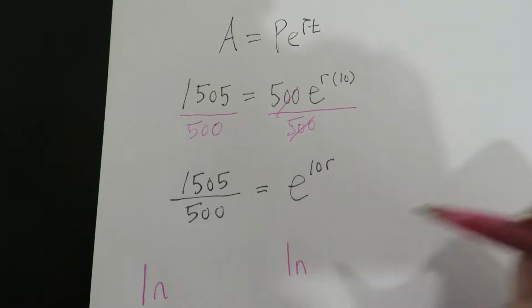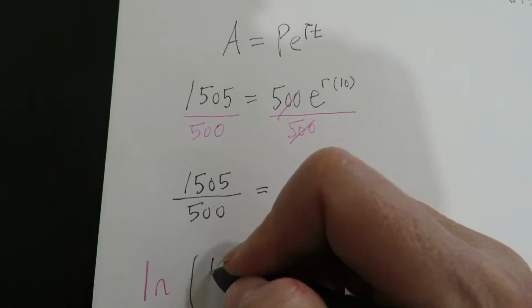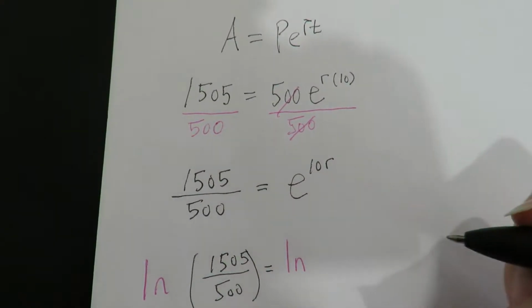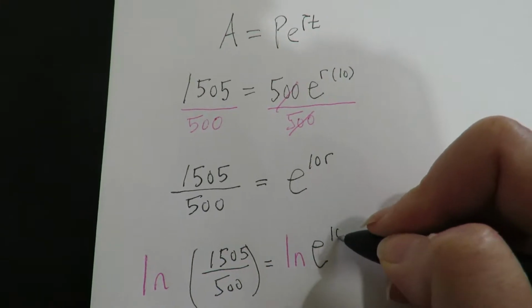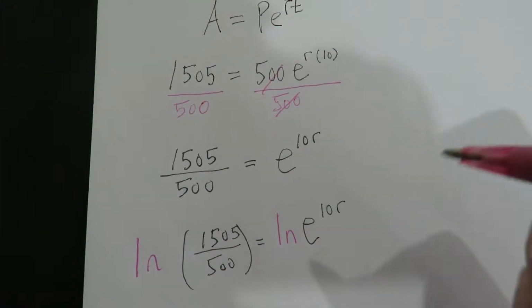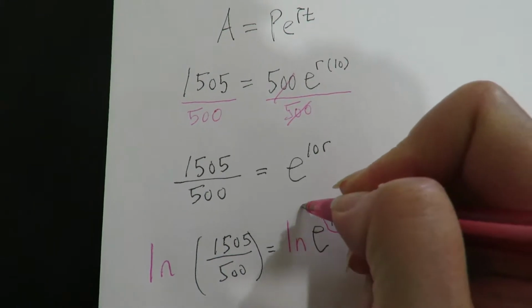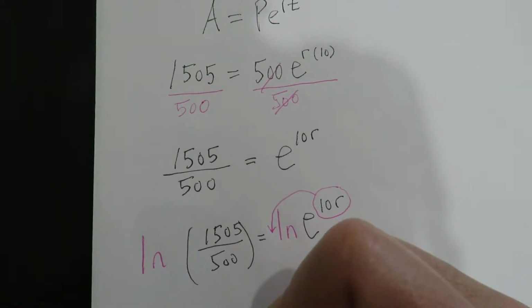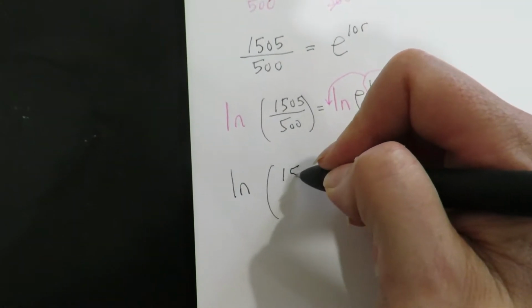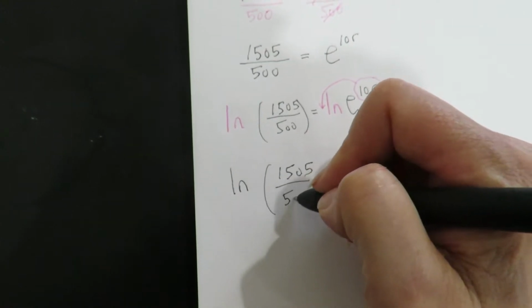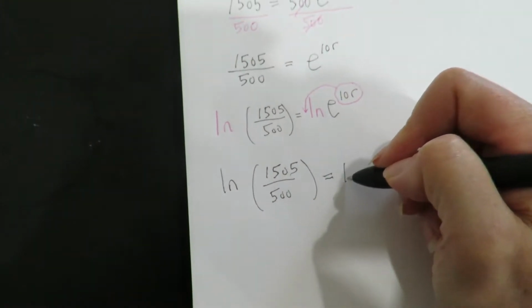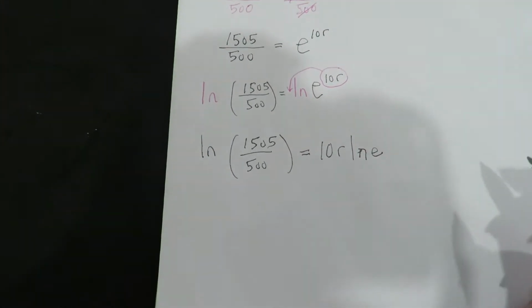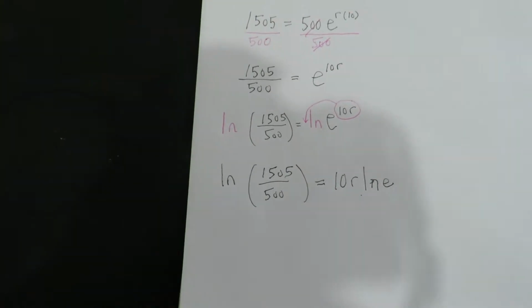We're going to put the natural log of both sides. That allows us to bring the exponent down in front. Okay, ln of e, we know that goes to 1.